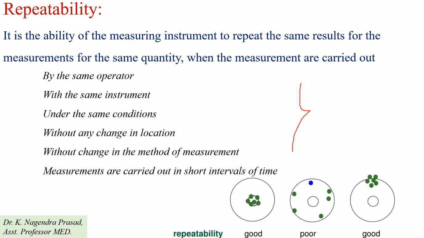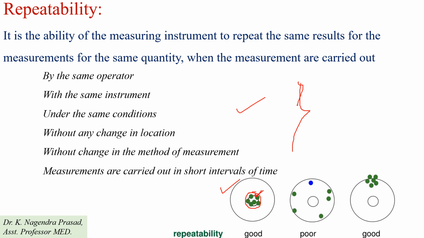We have to see this picture. In the first one, all the results are continuously repeating under these conditions. It is producing close results, so we call this instrument one with good repeatability.